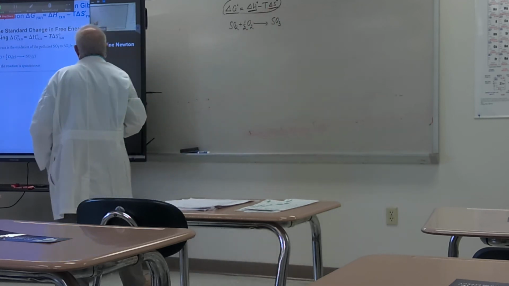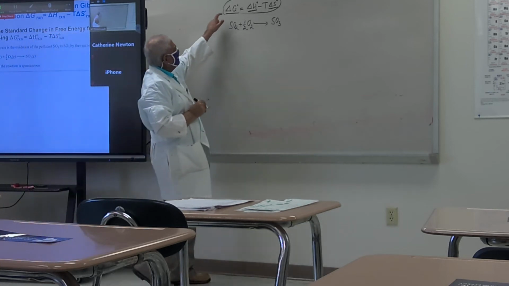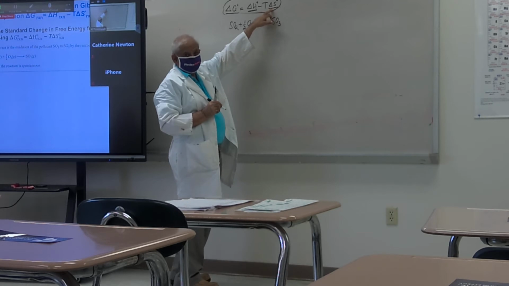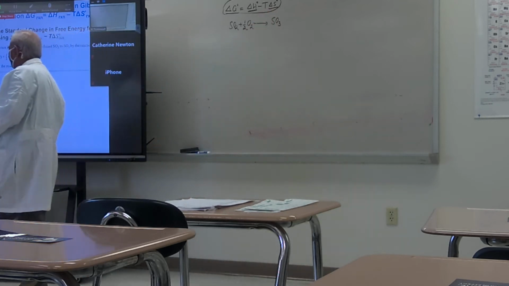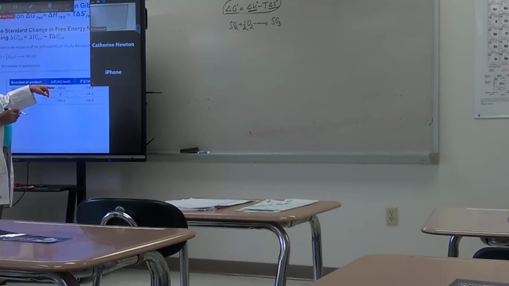Temperature, I think they have given, what temperature they have given? 25 degrees, right? So now, if you want to calculate the delta G, you are supposed to know delta H and delta S. So what have they given to calculate the delta H? Okay, they have given enthalpy of formation.